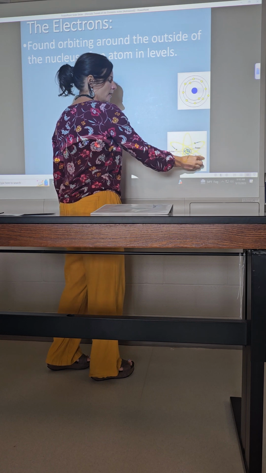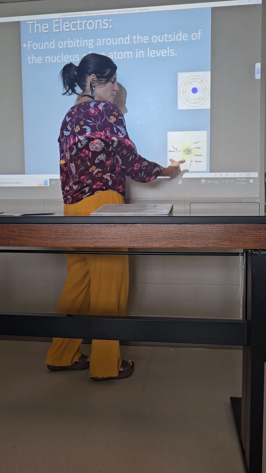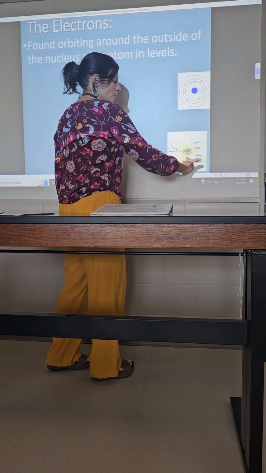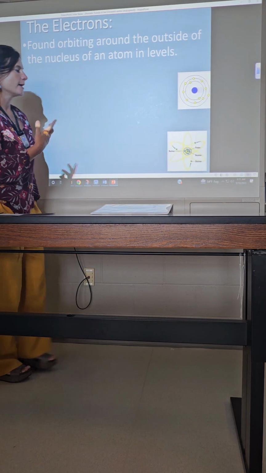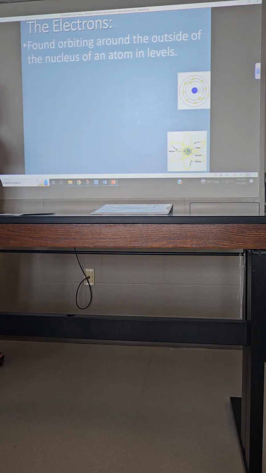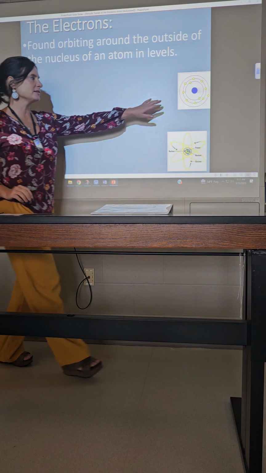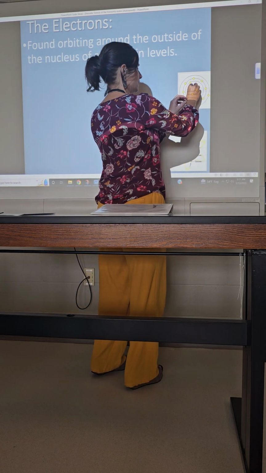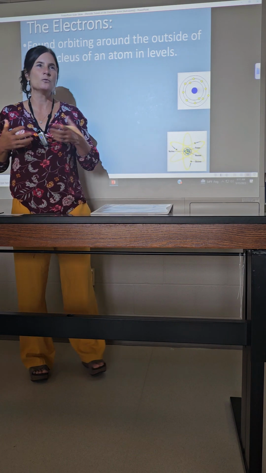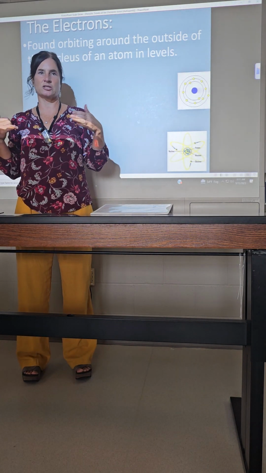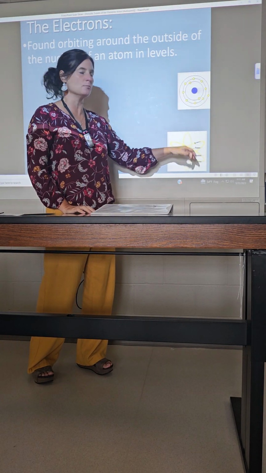Here it's showing a more realistic, three-dimensional view, where they have orbits going this way, and this way, and this way, showing different arrangements, but both of them show that the electrons are separated from the nucleus and that there is open space. Now, obviously, is it practical to make the nucleus here and then start the circles way out here? Not exactly. We realize that in real life there's actually a bigger gap than what we usually see in most of our models.